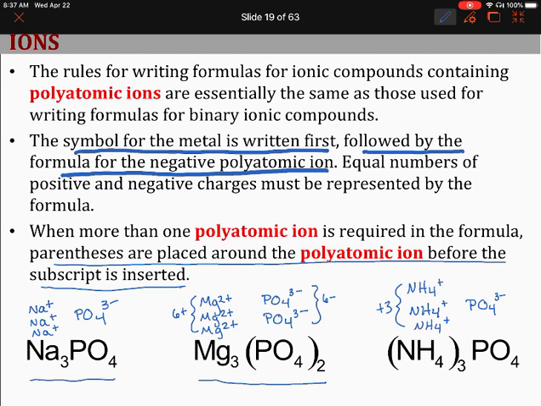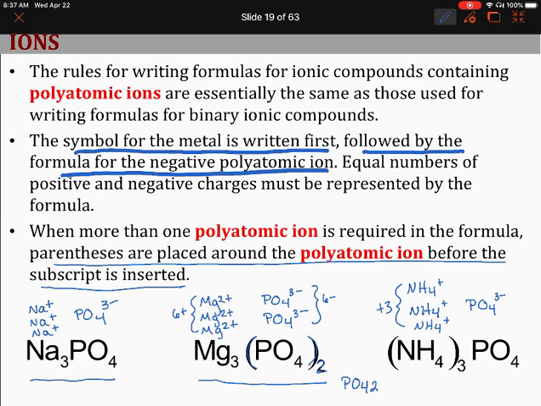You'll also notice that when we have multiple phosphate ions in the second compound, we had to put parentheses around phosphate and a subscript 2 next to it. Now, the reason that we do that is, let's say we just wrote PO4 2.